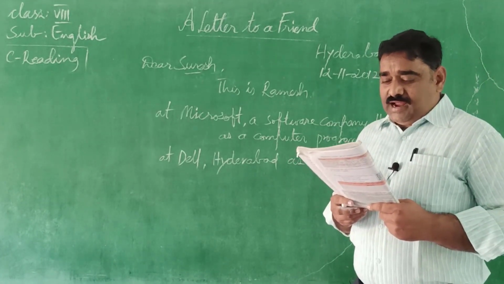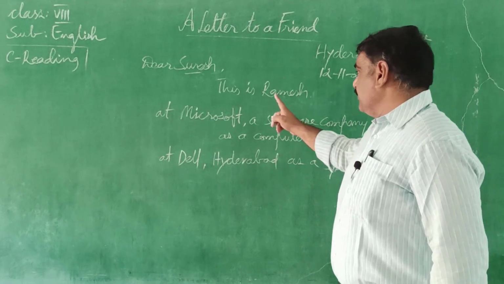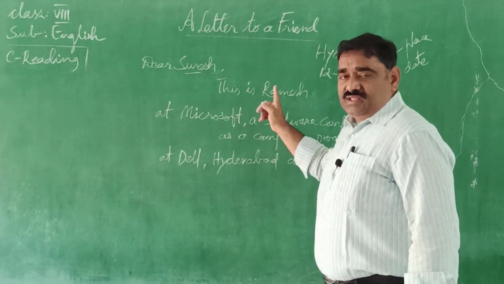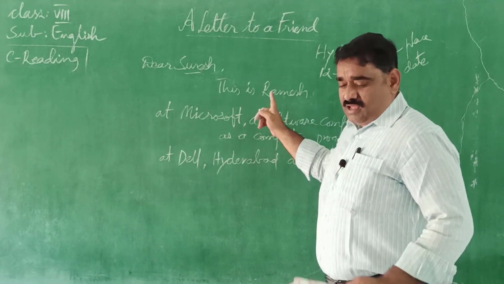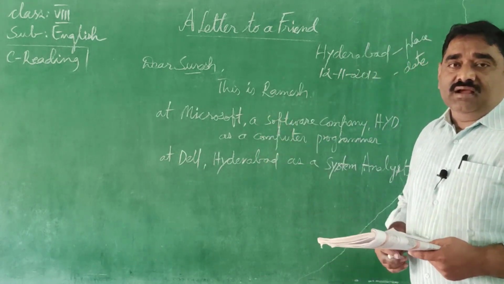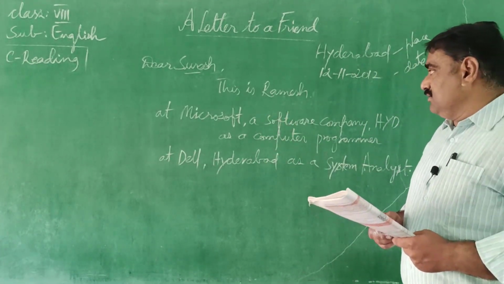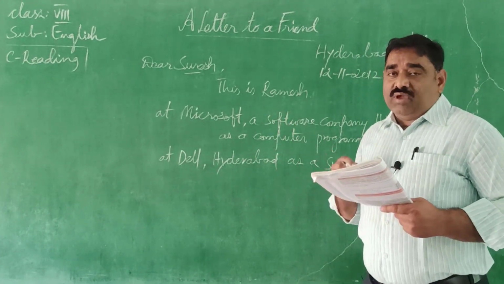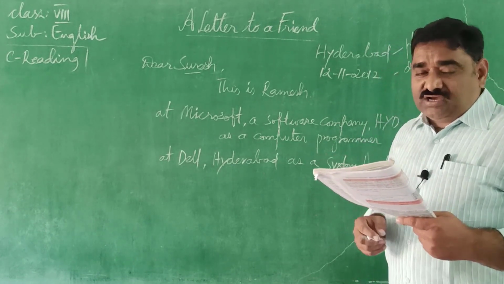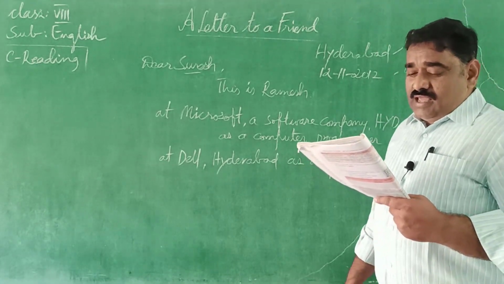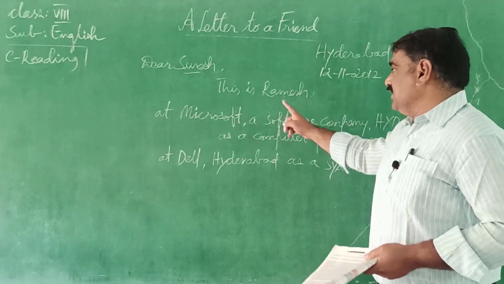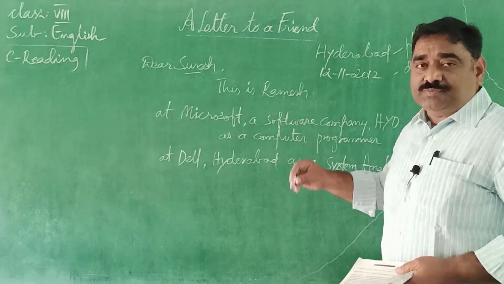"I am married and we have a child." Ramesh said that he was married and he had a child. "My wife works at Dell, Hyderabad, as a system analyst." He disclosed his wife's profession even.